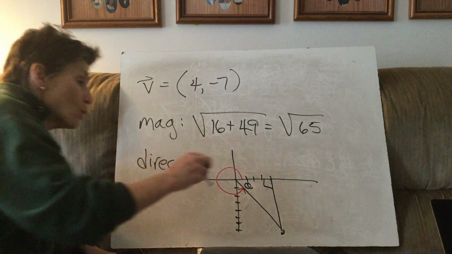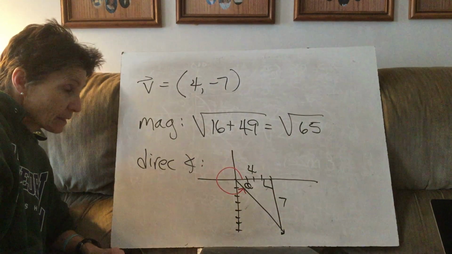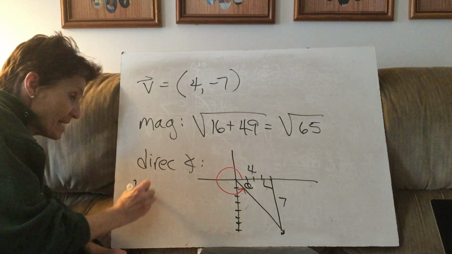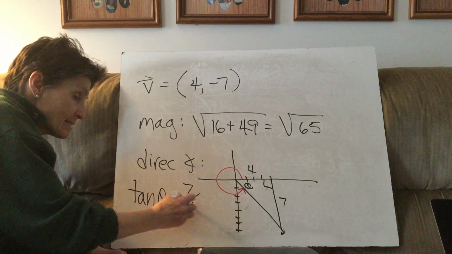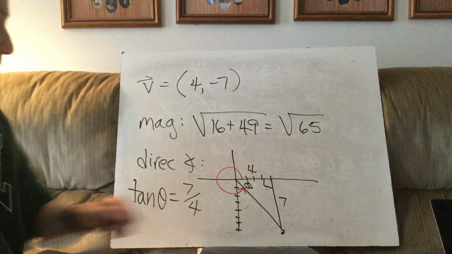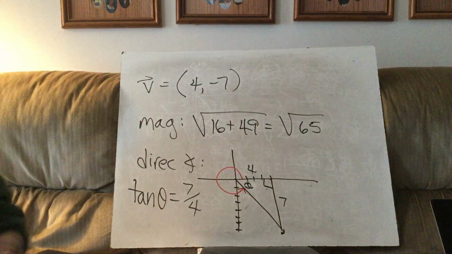Now, I know that this is 4 and this is 7. That was given. So I can tell from that picture that the tangent of my angle is 7/4. Tangent is opposite over adjacent. Remember, x is always adjacent, y is always opposite.